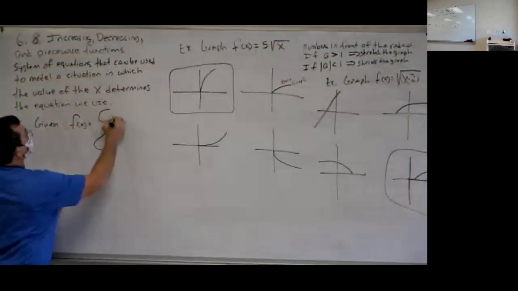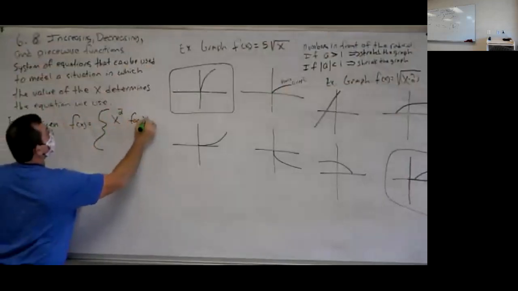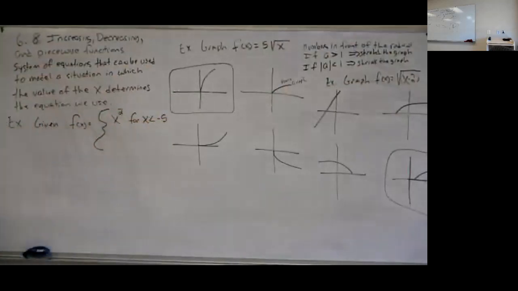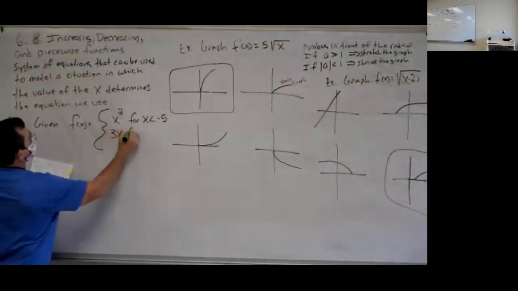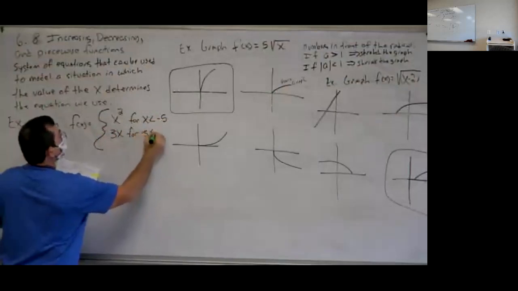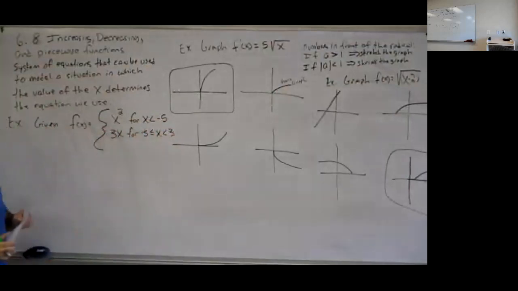It's going to equal x squared for any x that is less than -5. So if it's a -6, -7, something smaller than -5, I'm going to use the x squared equation, okay? It'll equal 3x for -5 less than or equal to my x less than 3.